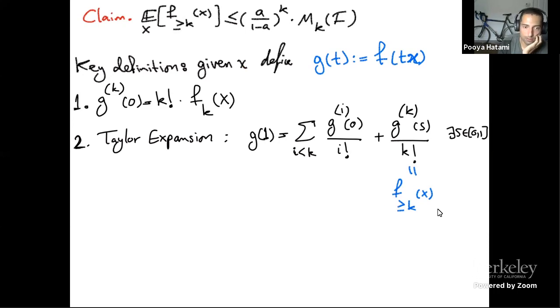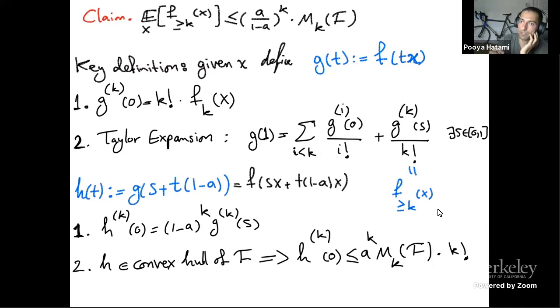And okay, so this part will be a little bit hand wavy, but let's do it. So I will define a new function h of t, which is essentially f of s times x plus t times 1 minus a times x. And think of it this way. So s is this point that's coming from the approximation. And I'm making sure that this vector still stays inside of the solid cube, right?